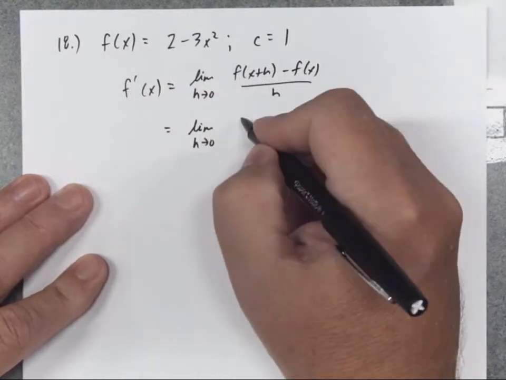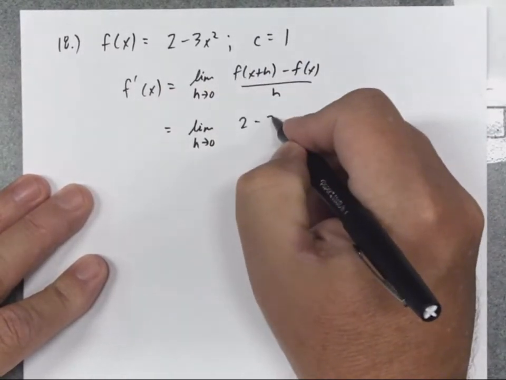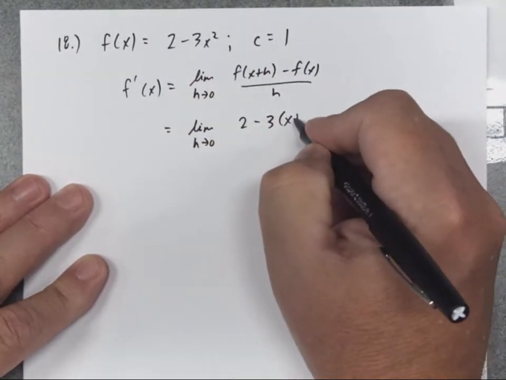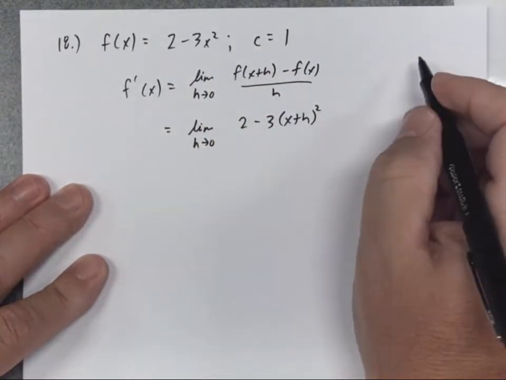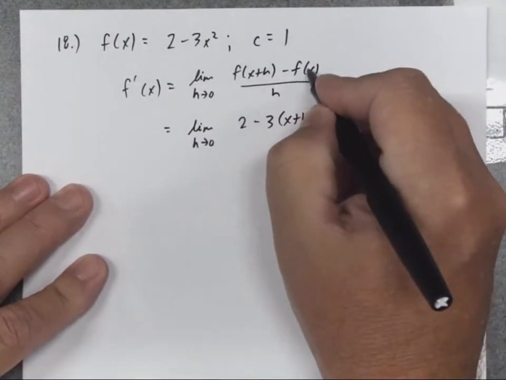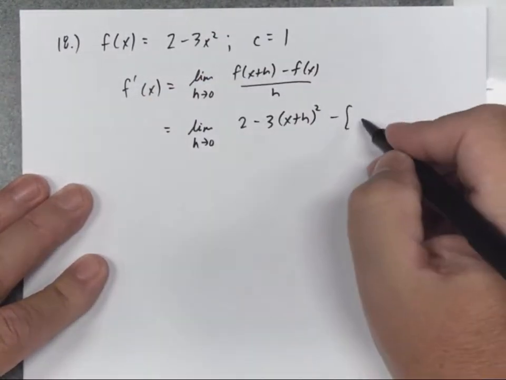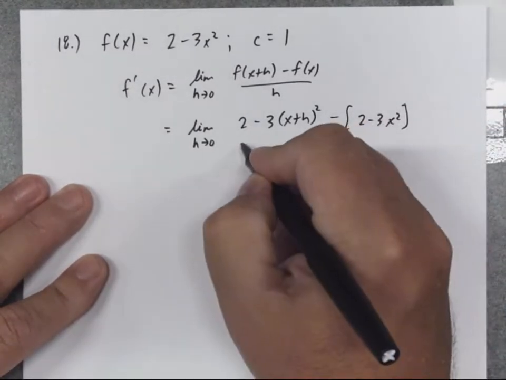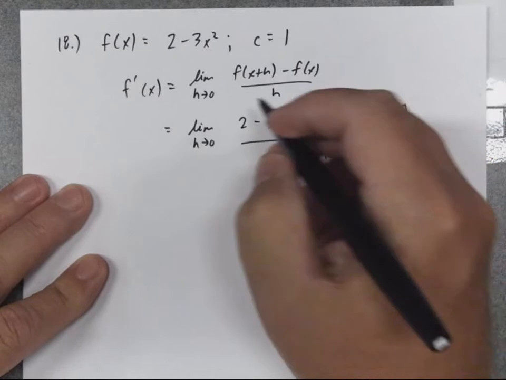F of x plus h, 2 minus 3, it's x squared, so it's going to be x plus h squared, minus f of x, so minus the function, all that over h.